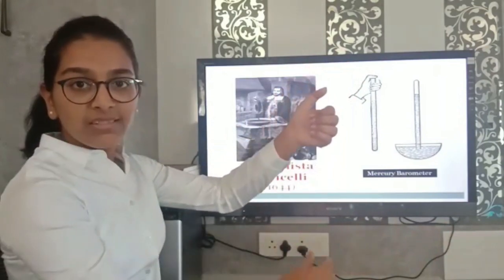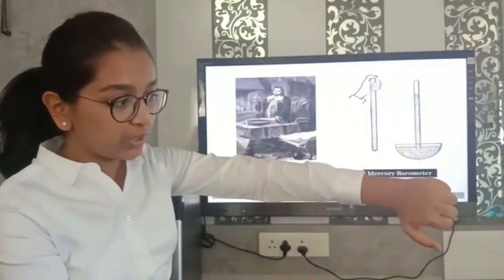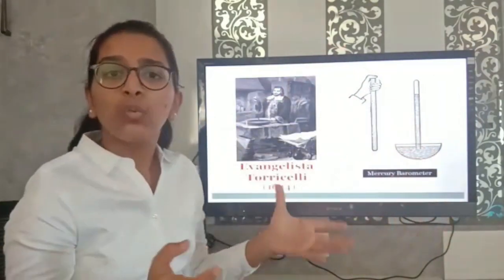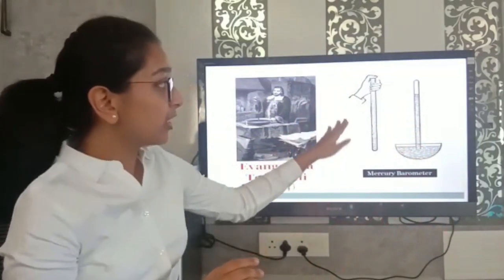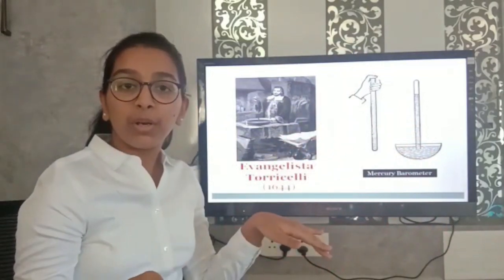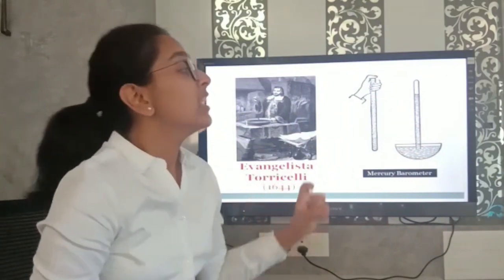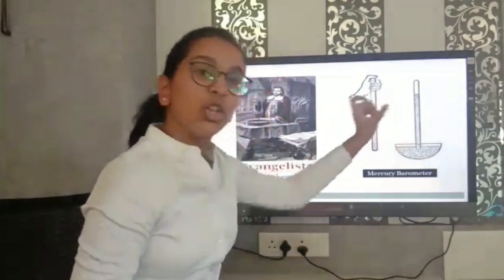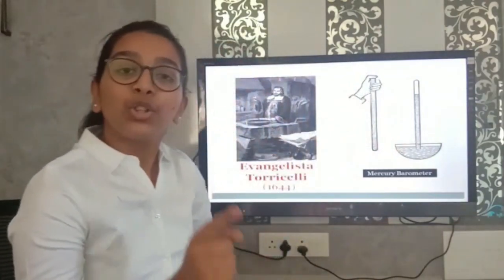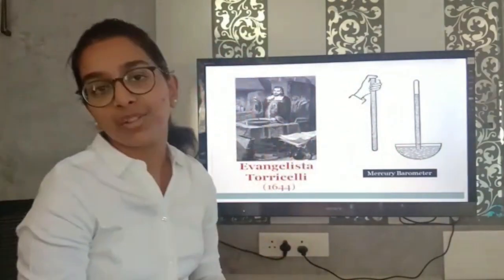Now he inverted this tube on that bowl of mercury and removed his finger. What was expected? That all the mercury in the tube would fall down into the bowl due to gravity. But no, this did not happen. A 76 centimeter or 760 millimeter column of mercury remained in the tube.